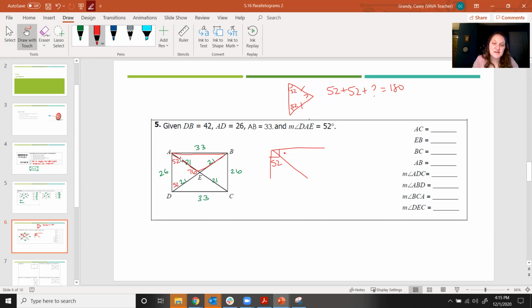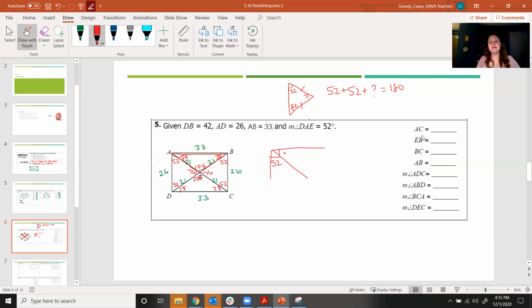So this angle is 38 degrees. This is another isosceles triangle, so this has to be 38 degrees. And I could figure out that vertex angle. Or I see a linear pair here, 180 minus 76, so this is 104. Vertical angles are congruent, so this is 104 and this is 76. This angle will have to be 52 and so will this one. And these two angles will have to be 38.